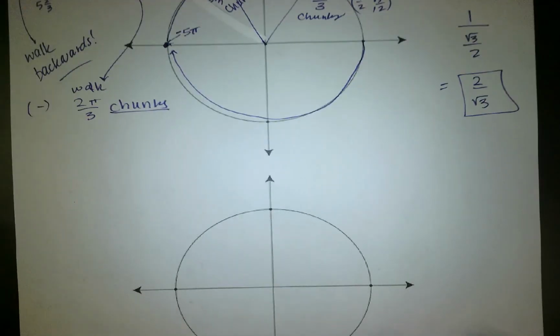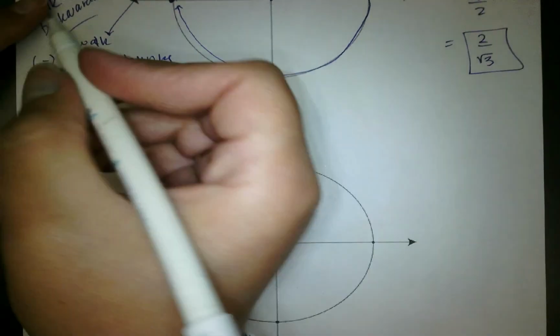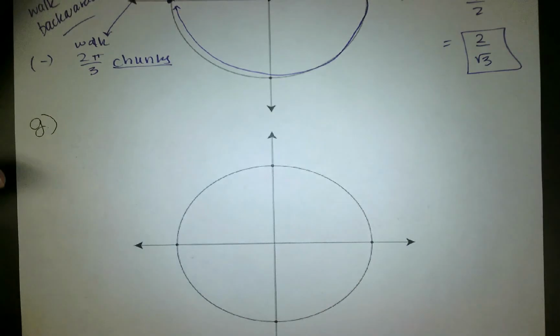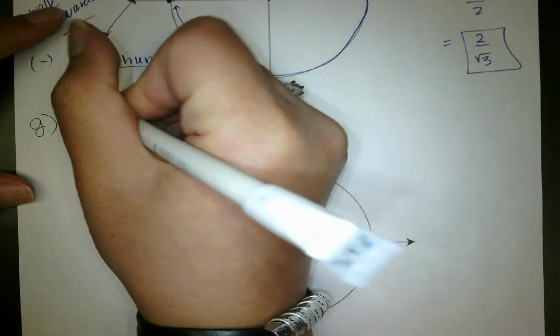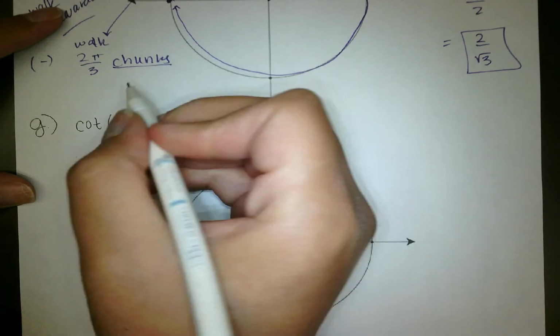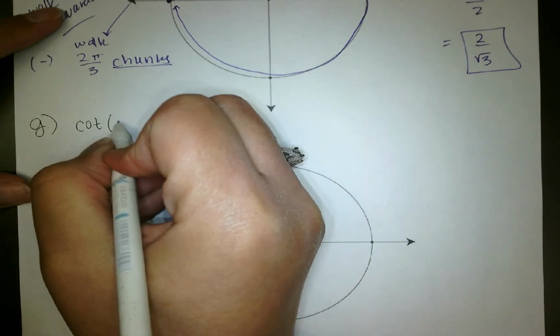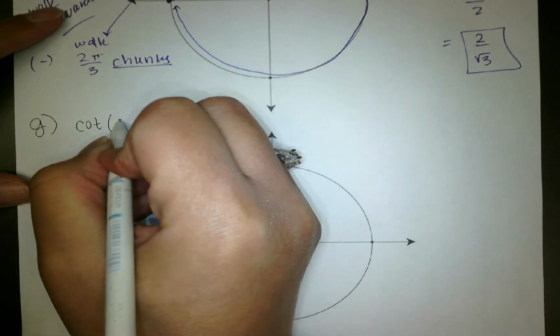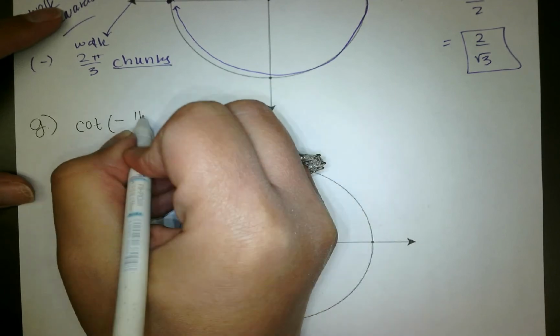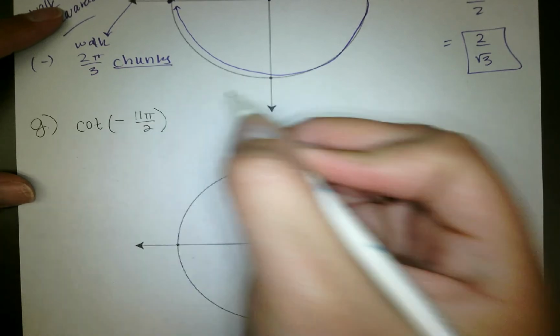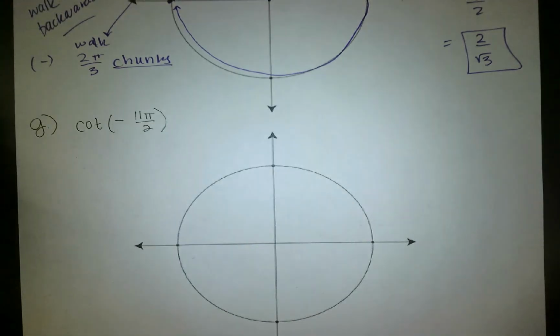Alright, I'm gonna end this video soon, but I want you to do this on your own, and I'll give you like a minute before I write, and then see how you do. So we'll do cotangent of negative 11 pi over 2.